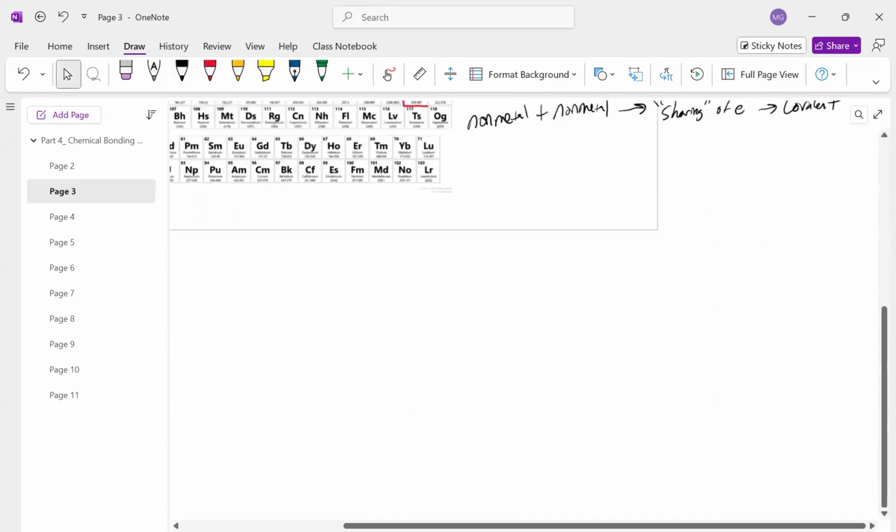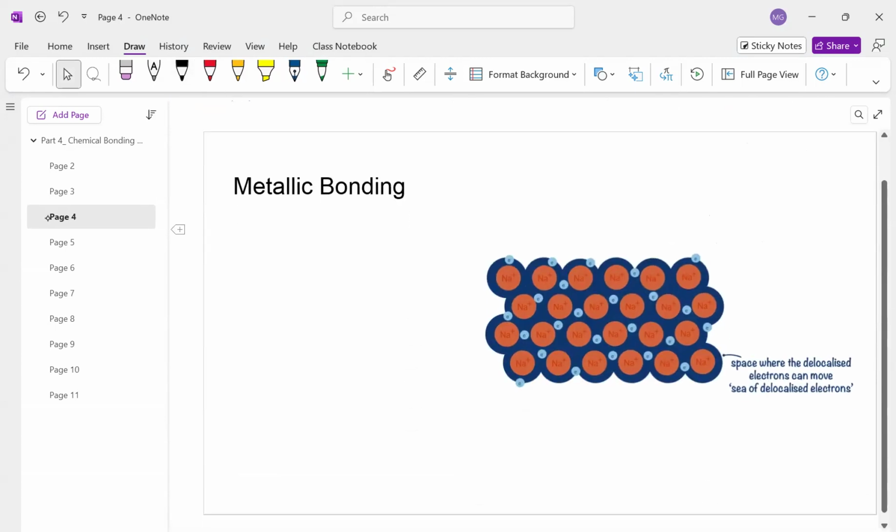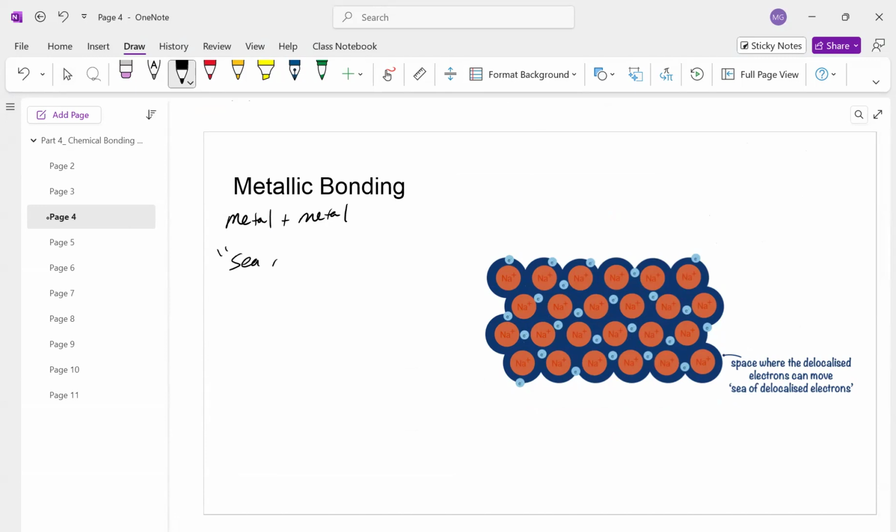So let's take a brief look at metallic bonding. I'm not going to spend a lot of time on this, but as I said on the previous page, this is the bonding between two metal atoms, and we're not going to explore a whole lot of this in general chemistry. Think of metallic bonding like a sea of electrons.